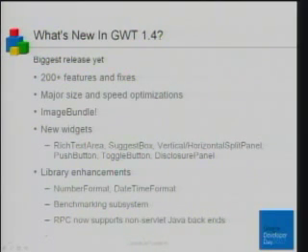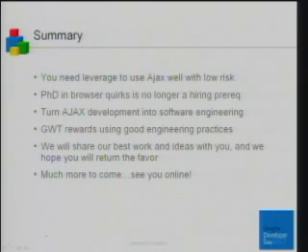If you check out the GWT blog, you'll see all the new features in a blog post from 2 days ago. It enumerates the same stuff, and you can get a feel for whether you would find this useful and want to try it out. So anyway, to wrap things up, we think you can use leverage to take advantage of AJAX without introducing a lot of risk for yourself. You don't have to hire PhDs in browser quirks anymore.